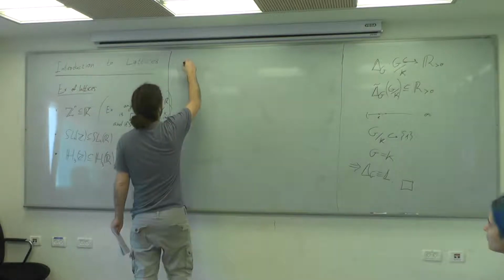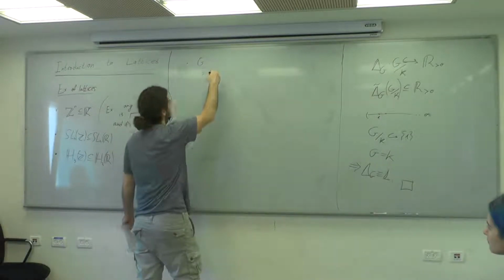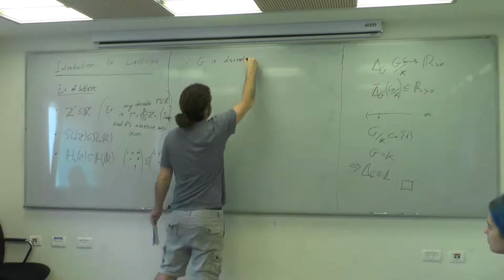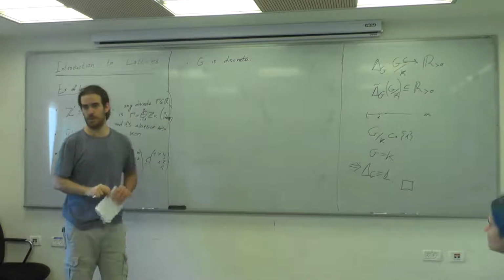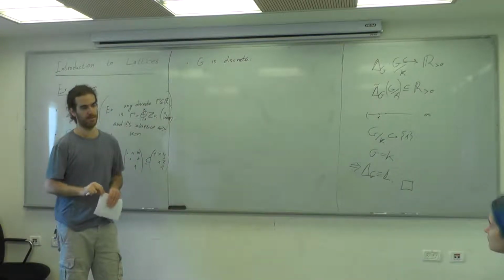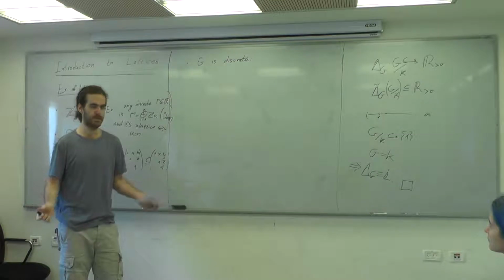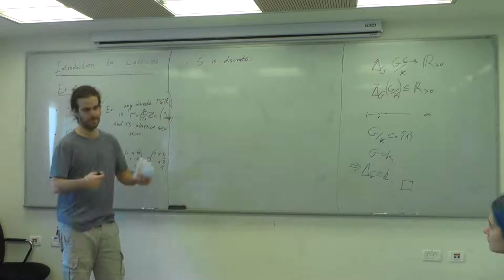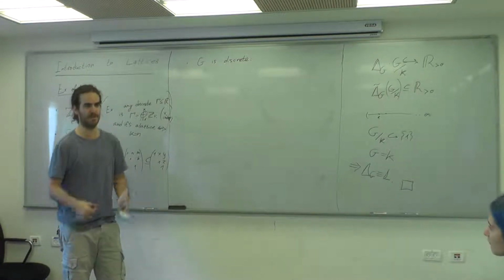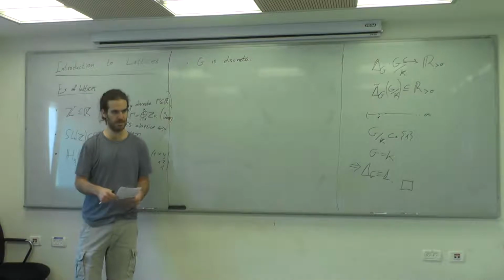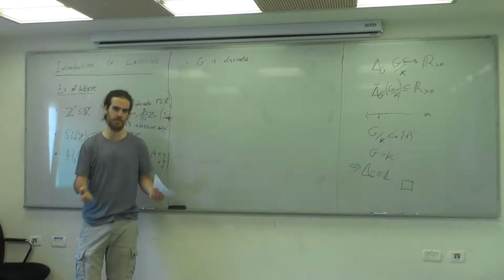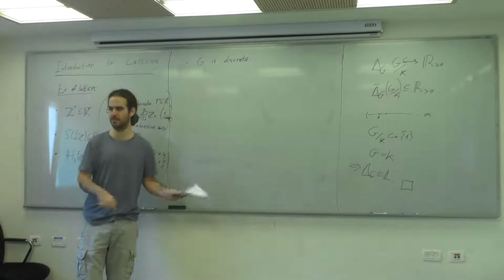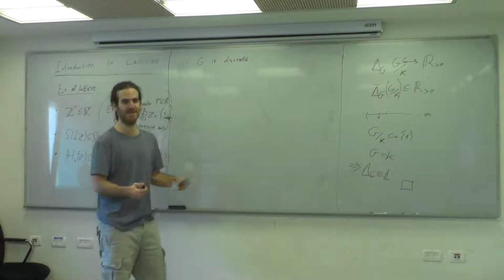A couple of more general examples. Suppose, for example, G is discrete, and we ask what the lattices in G are. So G has a counting measure. Its subgroups also have counting measure. The modular functions are both 1. And G mod gamma, in that case, will also have discrete counting measure because it's an image by an open map of a discrete topological space. So G mod gamma is discrete.